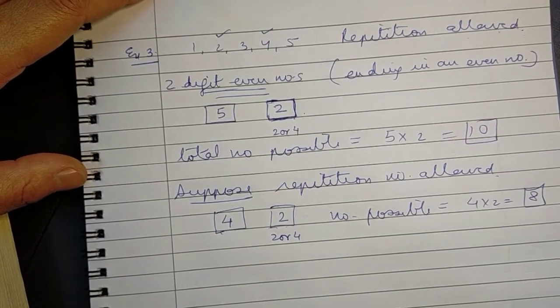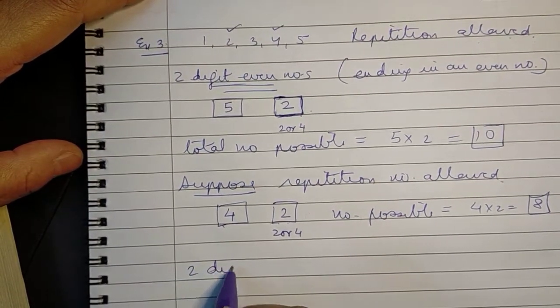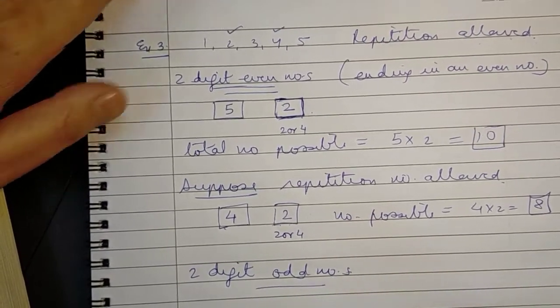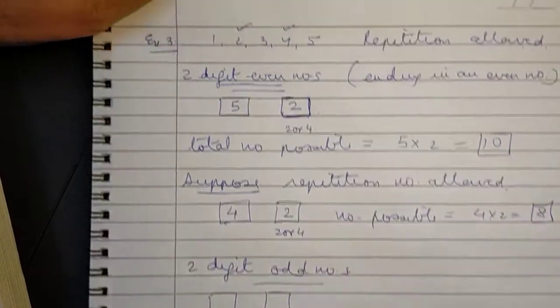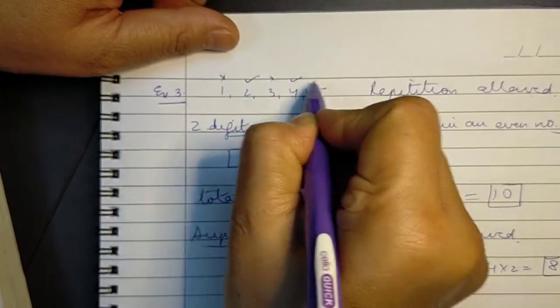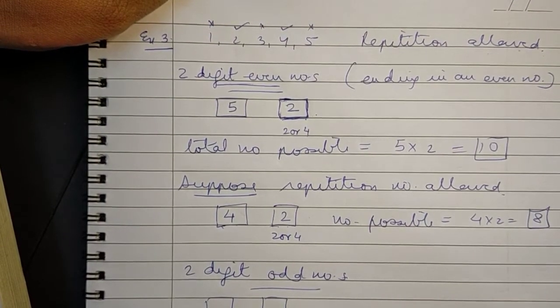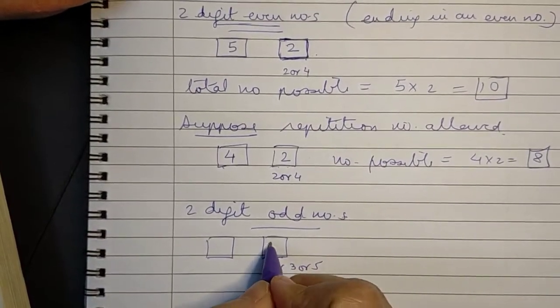Now suppose we had to do odd numbers, suppose 2-digit odd numbers. So we have 2 digits to be filled up. The rightmost place can have 1 or 3 or 5, that is 3 possibilities.